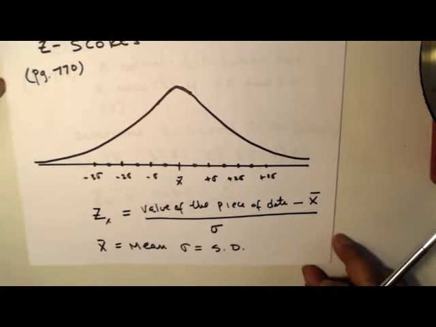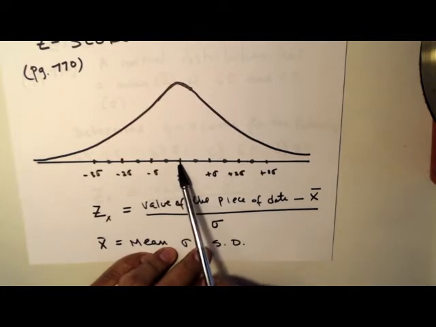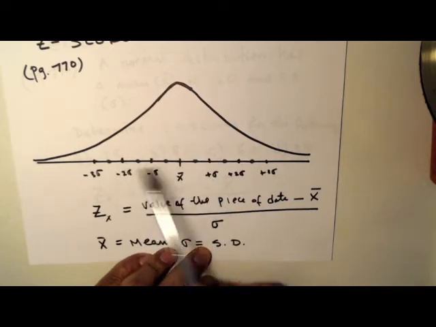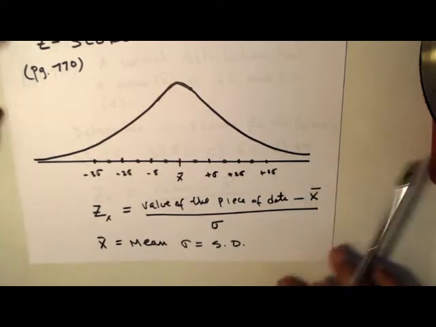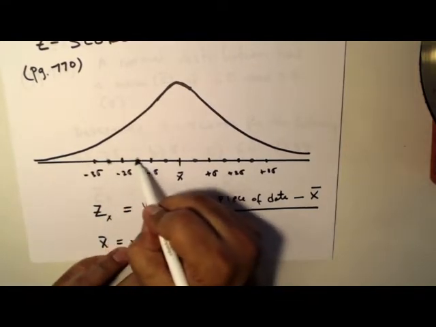Now, we have been talking about the empirical rule. Remember, the empirical rule has to do with percentages that fall within 1 standard deviation, or 2 standard deviations, or 3 standard deviations. So now the question comes, what do you do when the data point that you are interested in is in between these points?